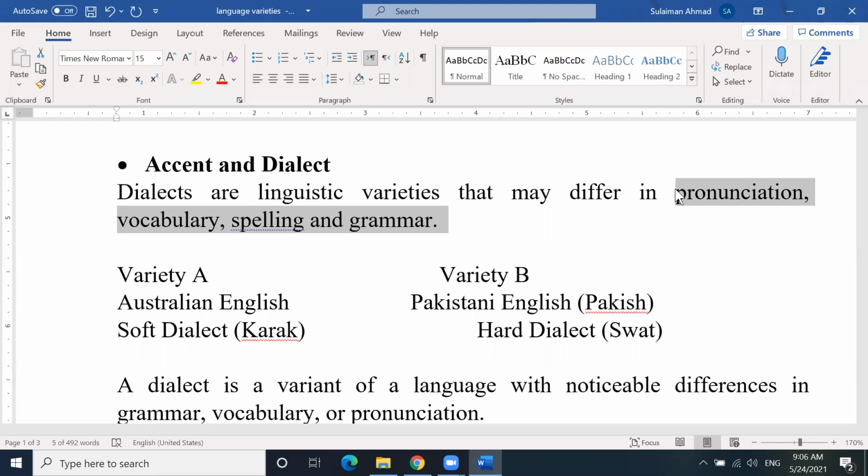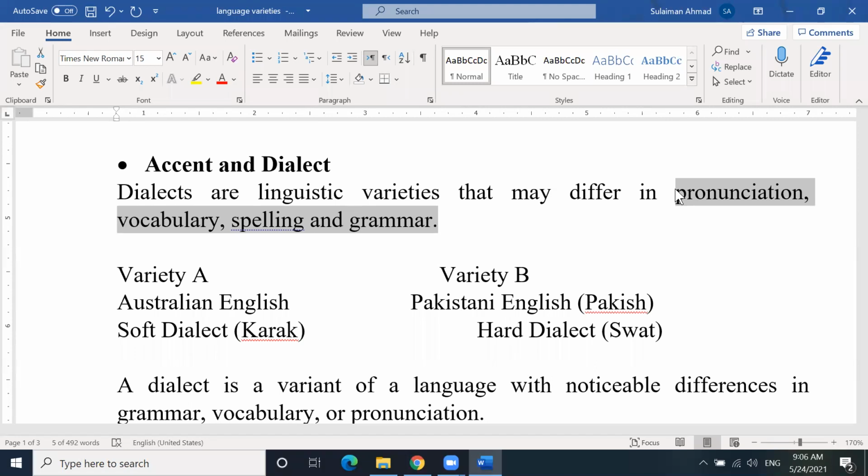So I mean the way he speaks, his pronunciation of the English language. That is what I mean by the accent of English used by Sir Gulzar Saab, right? But when I say I really like the dialect of English used by the Pakistani people, by dialect we mean the pronunciation, the vocabulary, the spelling, and the grammar used by the Pakistani people.